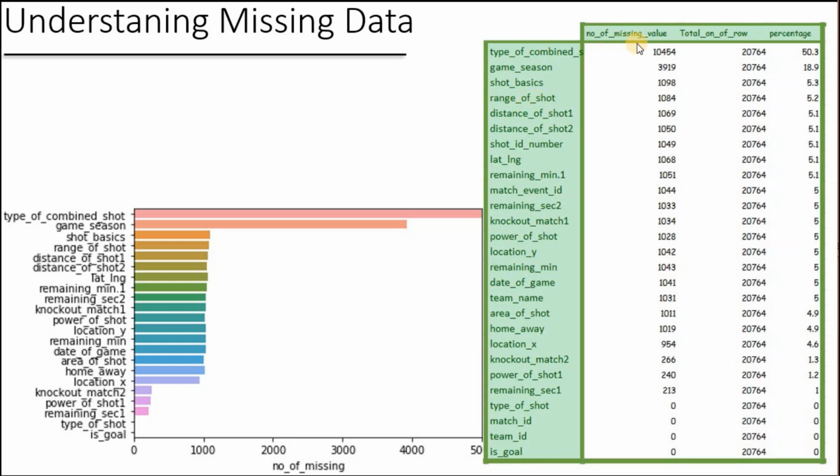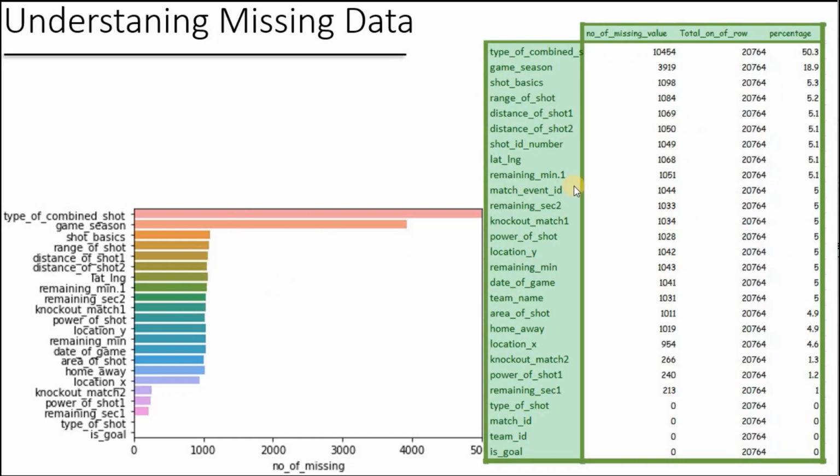We would see the number of missing values each of these variables has and the percentage of missing values out of the total number of rows. Next, we will plot the same in a bar plot to see the whole picture of all the variables for better comparison.